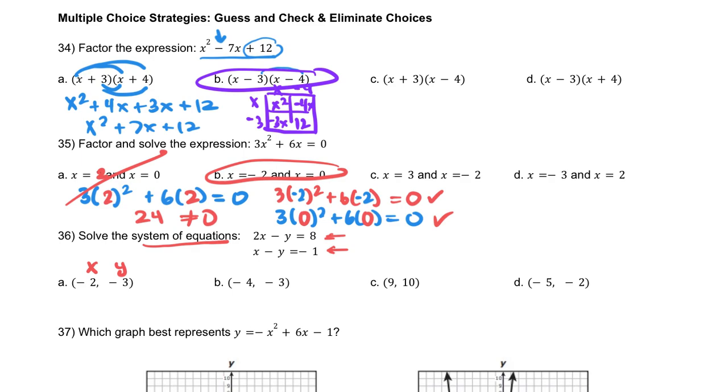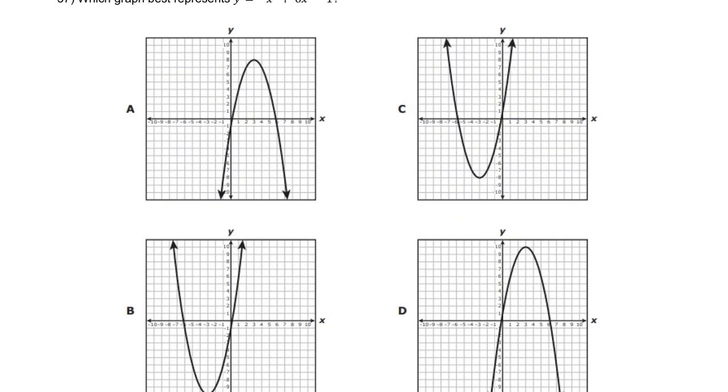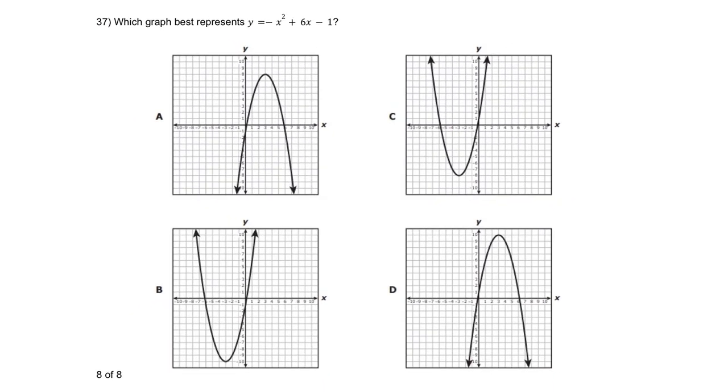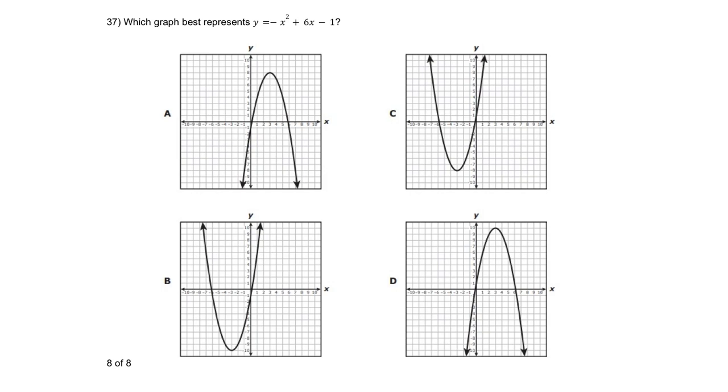And I'm just going to scoot down here for our last one, where we're going to focus on eliminating choices. So most students, when they see a quadratic that they need to graph, they can look at that a value and know right away that our a value is -1, and then that's going to tell us that our U shape is going to open down, which means I can eliminate these two choices right away.